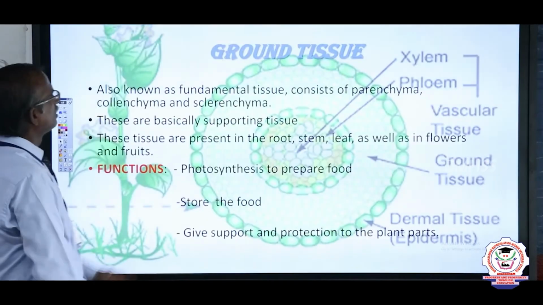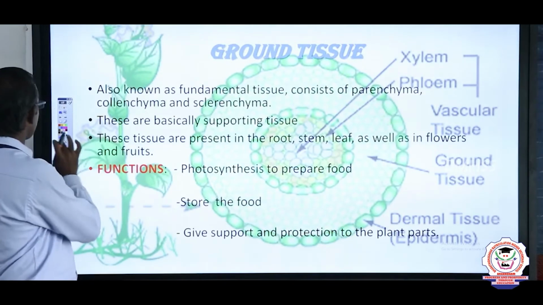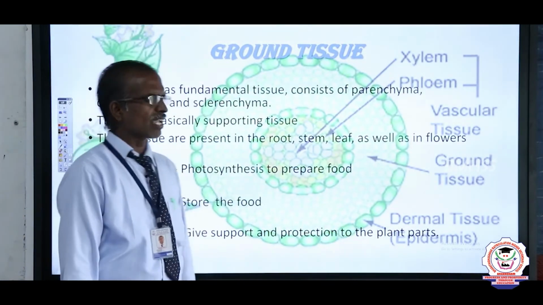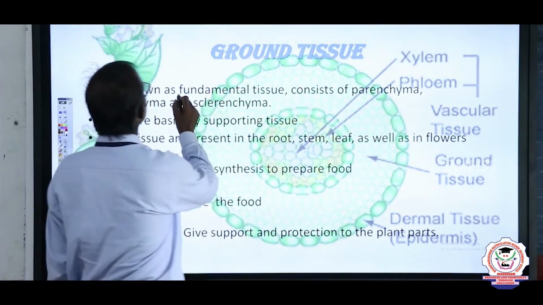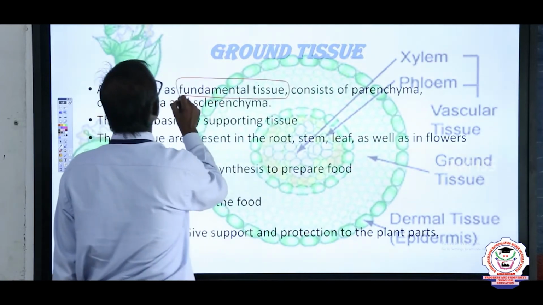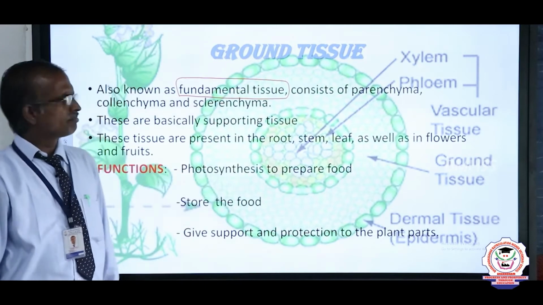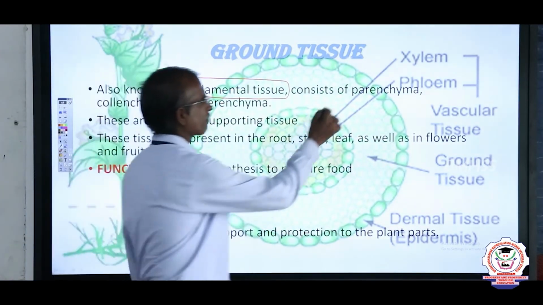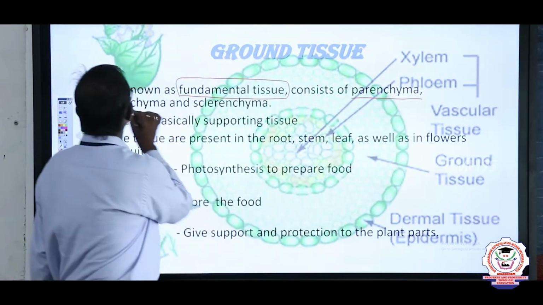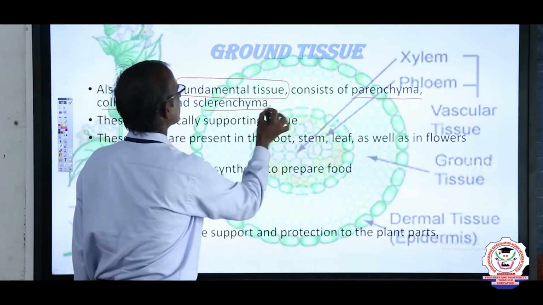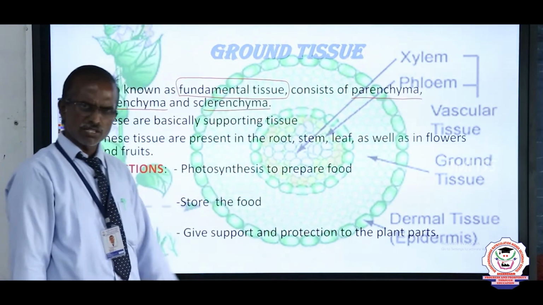The next, ground tissue. What is meant by ground tissue? This tissue is also known as fundamental tissue. It consists of parenchyma, collenchyma and sclerenchyma, simple permanent tissues.